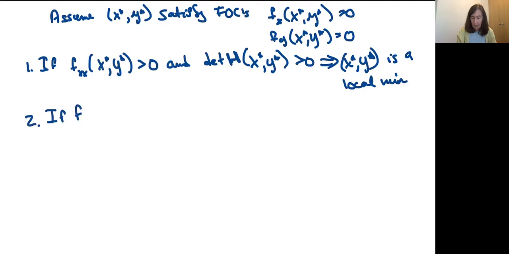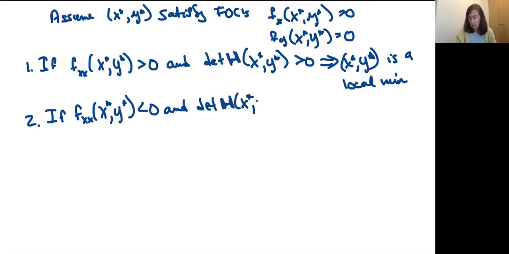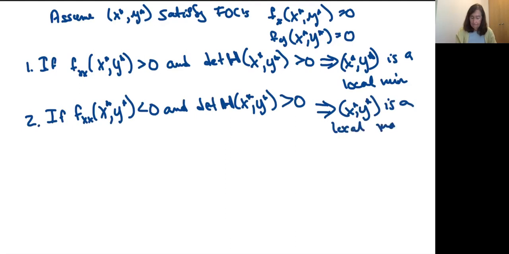If that same first derivative with respect to x twice, at x star, y star, is less than 0, and the determinant of the Hessian, also evaluated at x star, y star, is still greater than 0, then x star, y star is a local max.